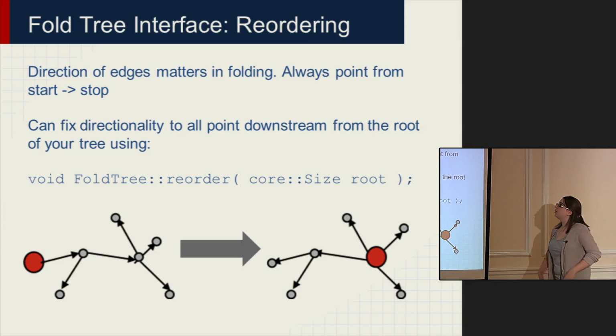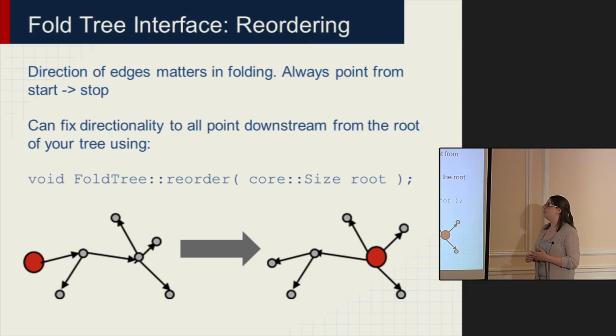Next method is reordering. Something really important to pay attention to in the full tree is that the order of the edges matters. As you saw when we talked about propagating change at the beginning, if the arrows are pointing in a different direction, change might not have propagated in that direction depending on where you were.